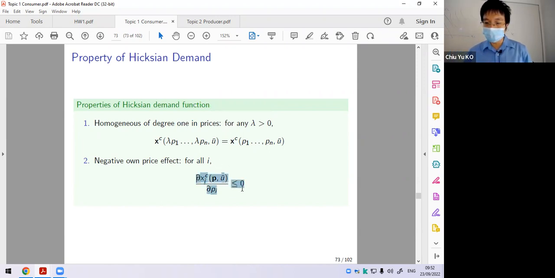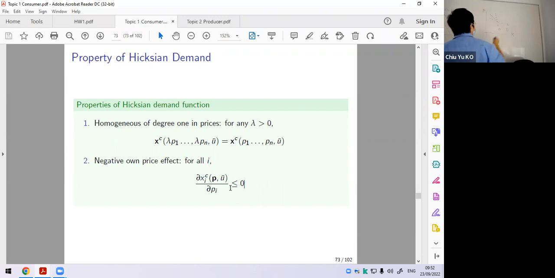This is the main thing we want to derive here. Why we do the expenditure minimization problem turns out to be this: the main conclusion we want to derive is that the Hicksian demand is downward sloping. We have another thing that is also downward sloping. It can be like this, can be like this.